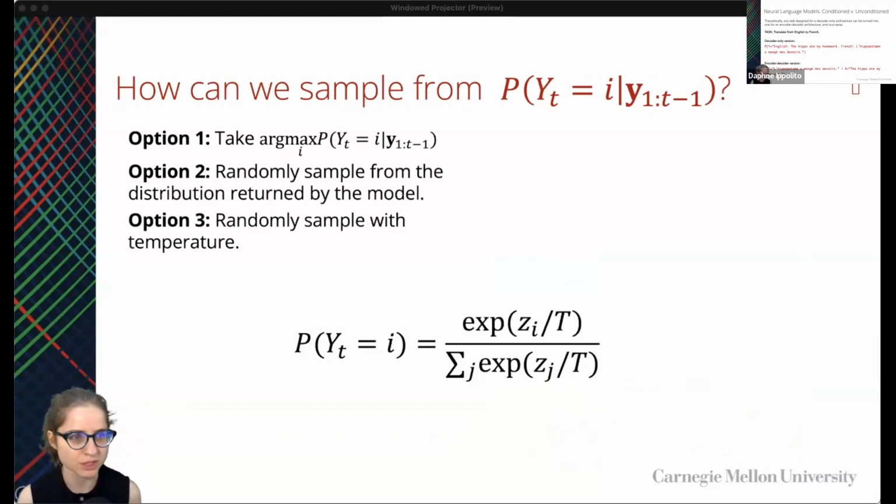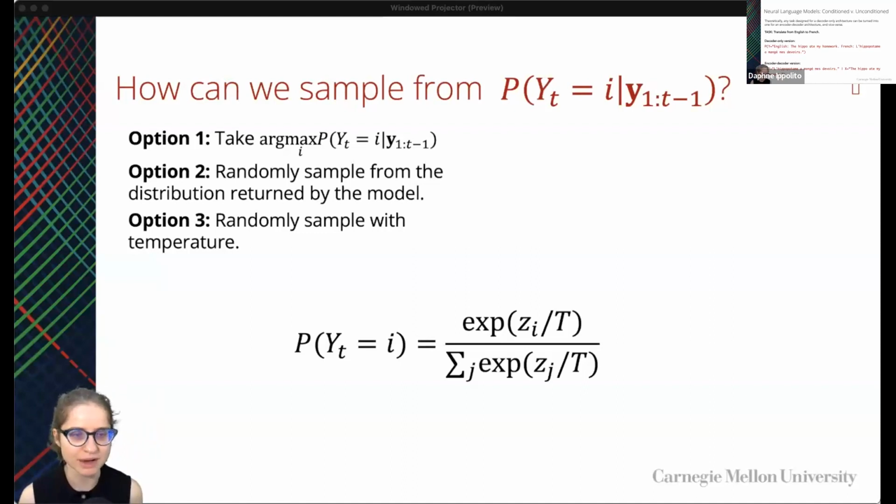Okay, so one of the relatively easy things you can do is random sampling with temperature. This comes from work that's much older than language models, on temperature annealing. I'm showing the Softmax function we use to get the probabilities, except I've added an extra term, this value t, which is a hyperparameter you can set.